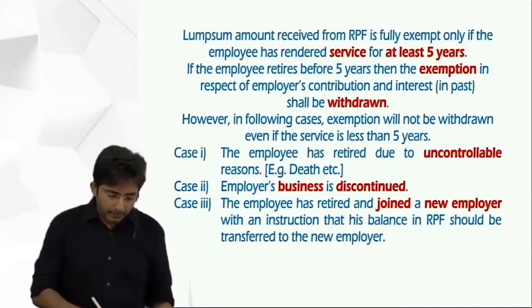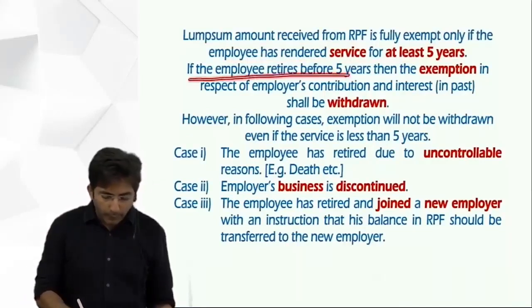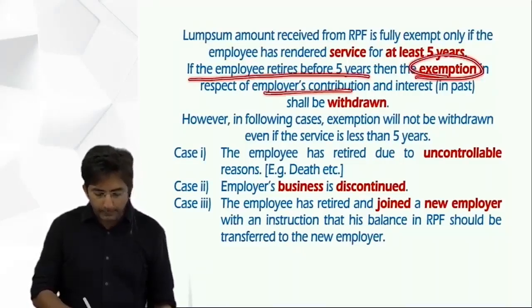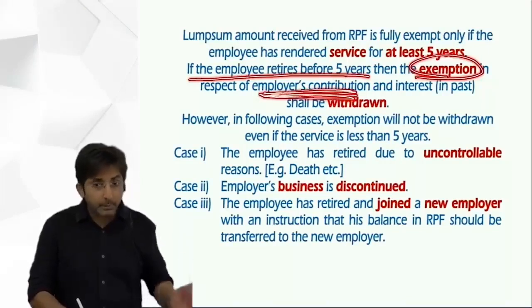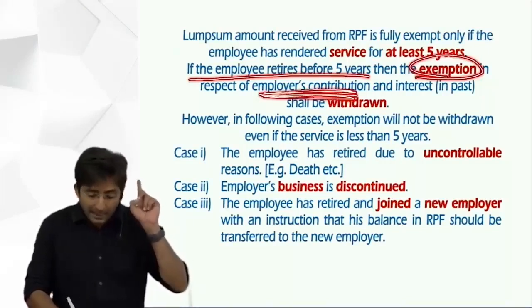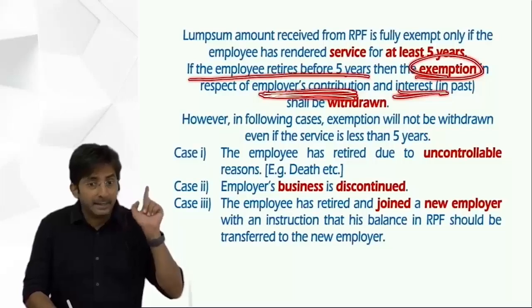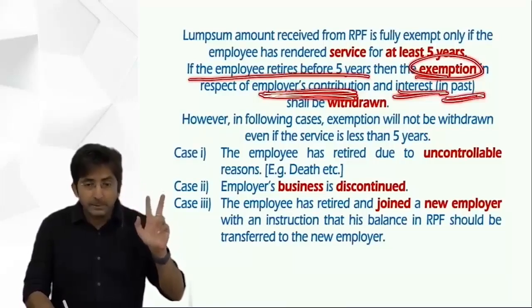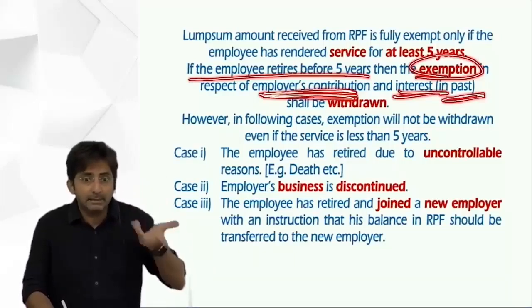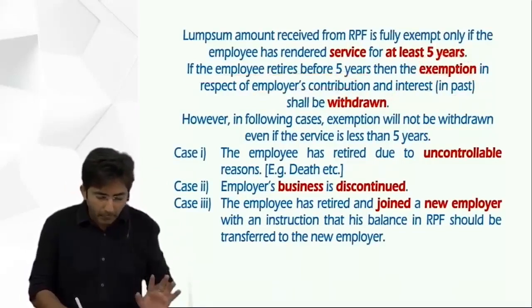Okay. If employee retires before 5 years, then exemption in respect of employer's contribution, remember that 48,000 amount? Yes. And interest, remember that 19,000 amount? Yes. In past means in 3 years. In our example, 3 years shall be withdrawn.